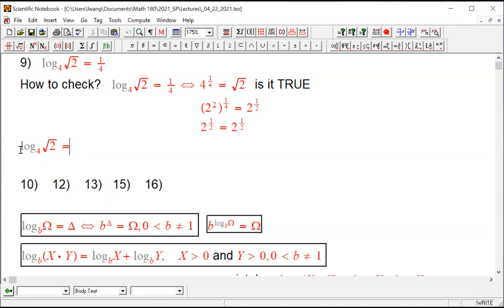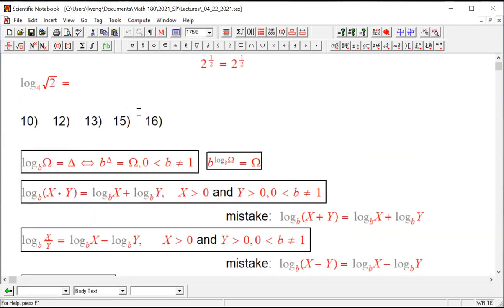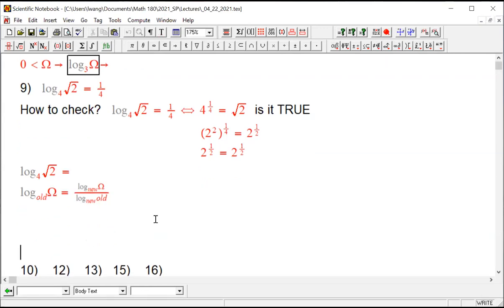But anyway, I'm going to show you a new way to do it. I don't know if you guys did it this way. I'm going to show you how we can use the change of base formula. Are you ready?